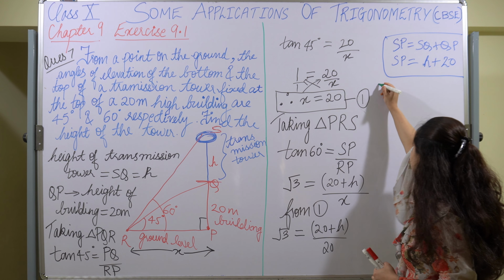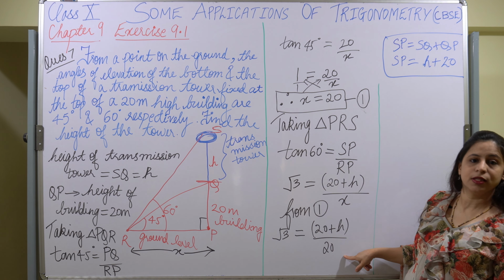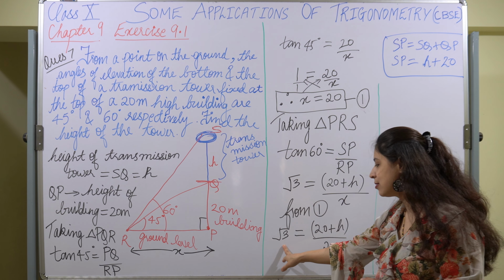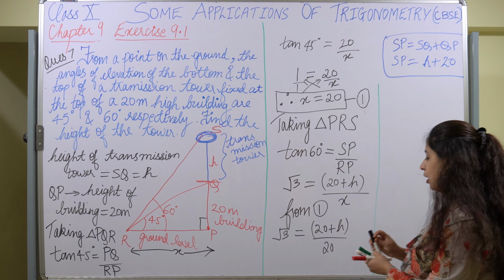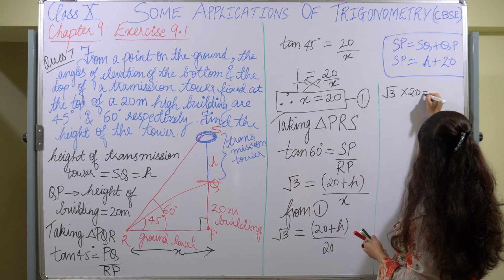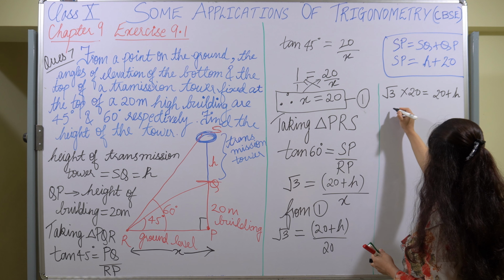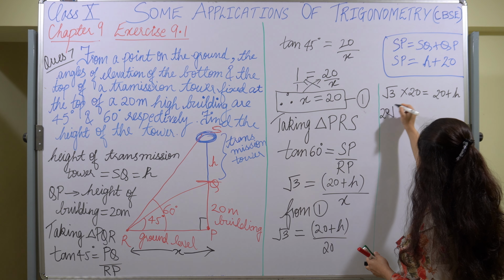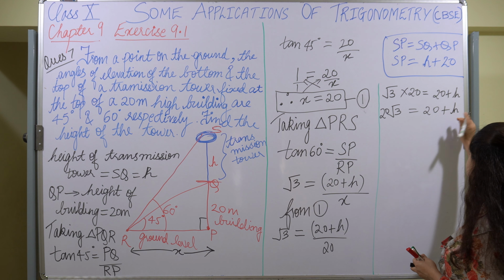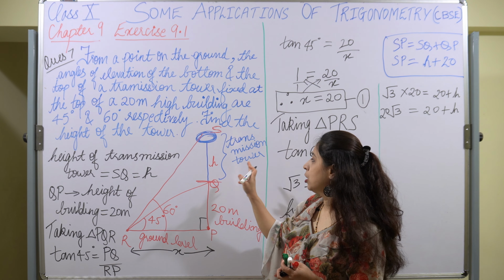Now solving it. This 20 is in the denominator, so when it goes to the LHS, it goes with multiplication. So we get root 3 into 20 is equal to 20 plus H. This H we need to find out because it is the height of the transmission tower.